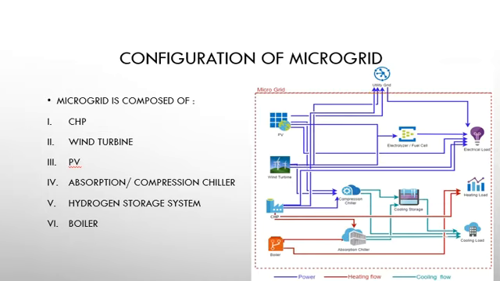This microgrid can use CHP, small wind turbine, solar photovoltaic systems, hydrogen energy storage system, including electrolyzer, hydrogen tank and fuel cell, and also absorption chiller, compression chiller, and cooling storage system to meet the heating, cooling, and electrical demand.